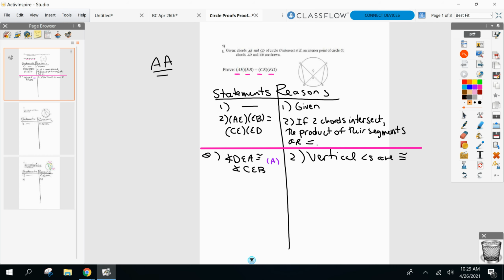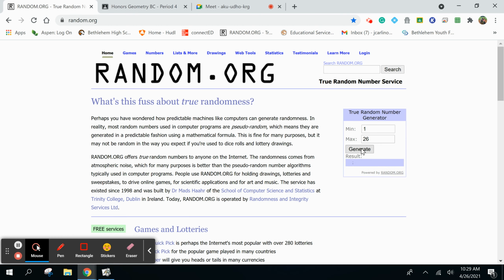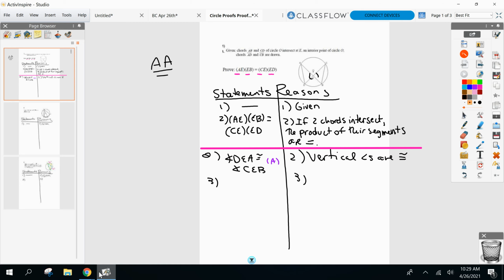All right, so right there's a pair of angles. Done. Need another pair. And unfortunately, this is going to have to come from being a circle fact. Give me another pair of angles in that diagram that should be congruent. Audrey, got another pair of angles? Angle ADC and angle ABC are congruent because they are inscribed angles that go to the same arc.